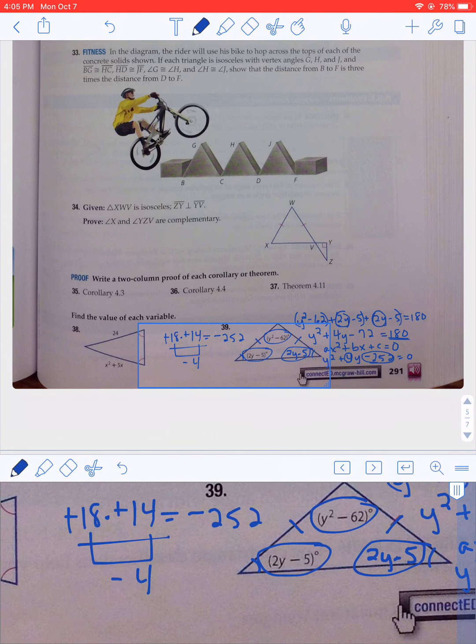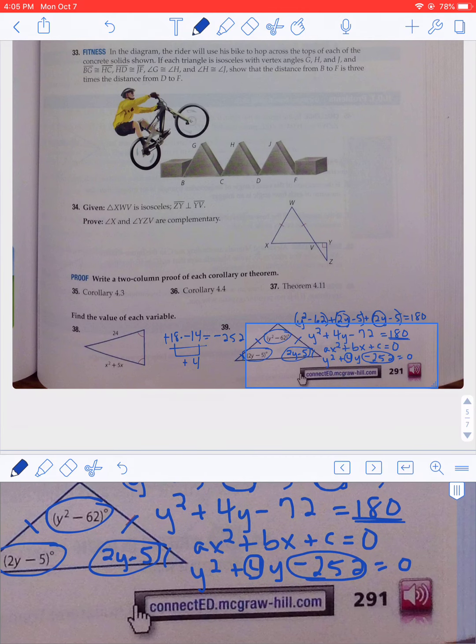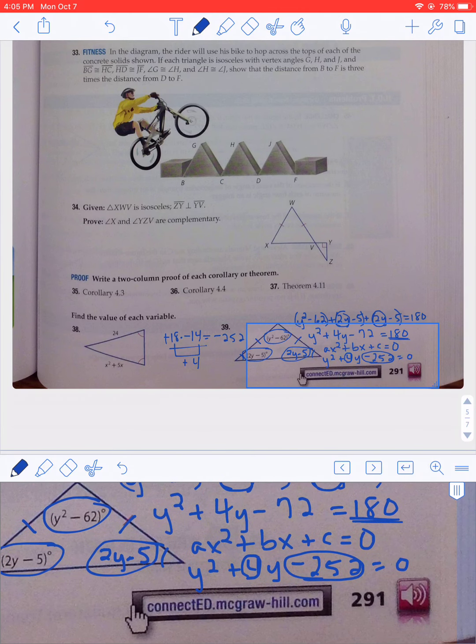I remembered it wrong, I guess. We needed a positive 4. So that means it would have to be this way. I realized that when I went back to the equation. So in order to get that to work, 18 times negative 14 gives me a negative 252, but added together they give me a positive 4. So that fits my criteria of needing a positive 4 and a negative 252.